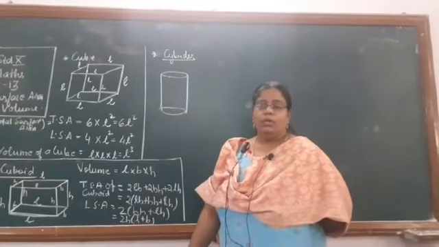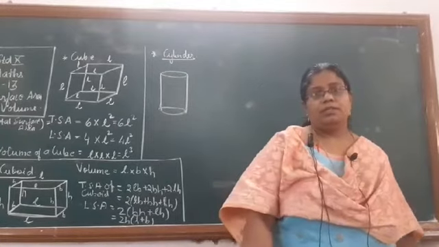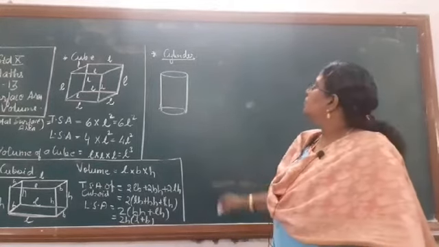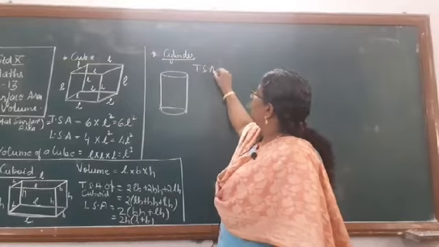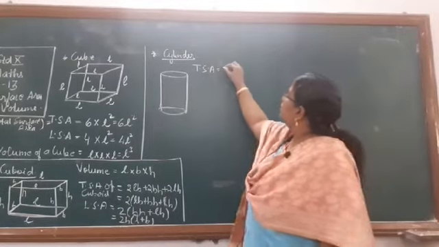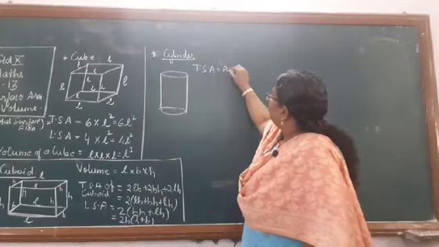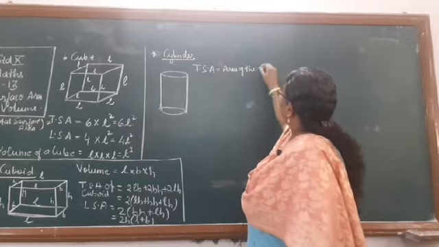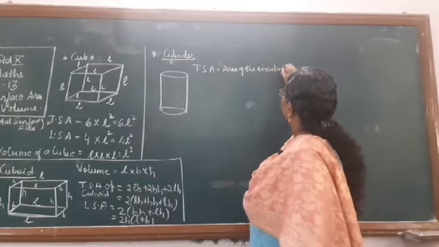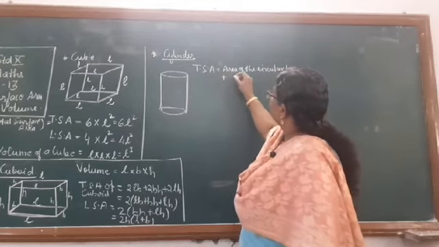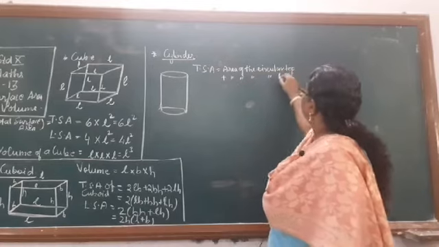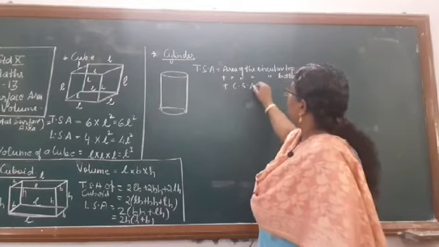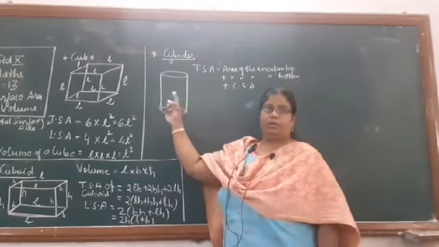So if you want to represent a cylinder, there is a curved surface area, top and bottom, three parts. So if we want to find its total surface area, it will be the area of the circular top plus the area of the circular bottom plus the curved surface area. Curved surface area means this particular surface area.